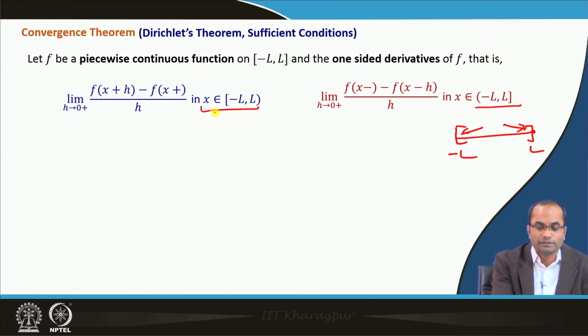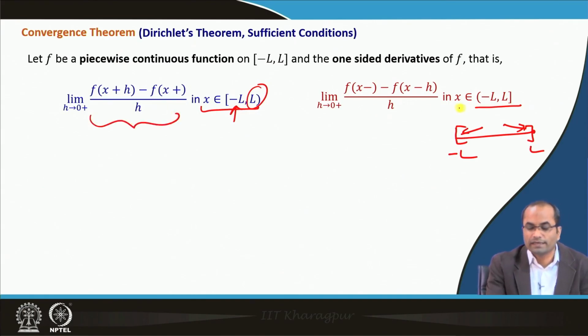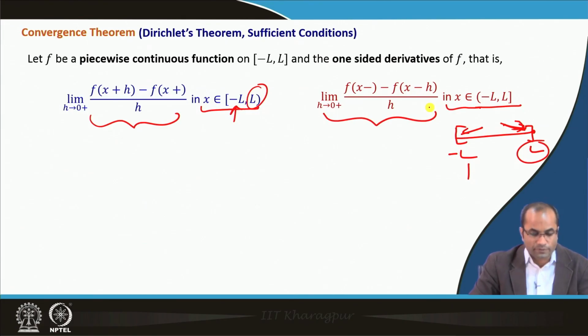Therefore, we have included minus L and open at the other end when we talk about the right derivative, whereas in this case we have open at this end and closed at this end, then we are talking about the left derivative.